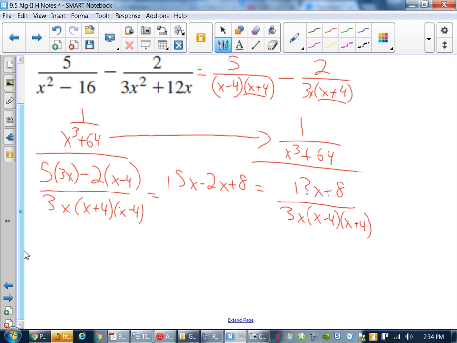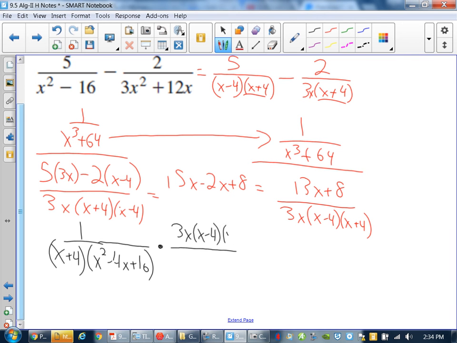I'm going to get 1 over x plus 4, x squared minus 4x plus 16. That's how that factors out. And then I flip my bottom one to that.